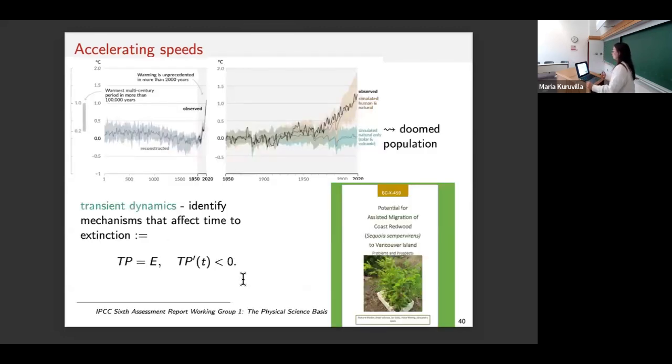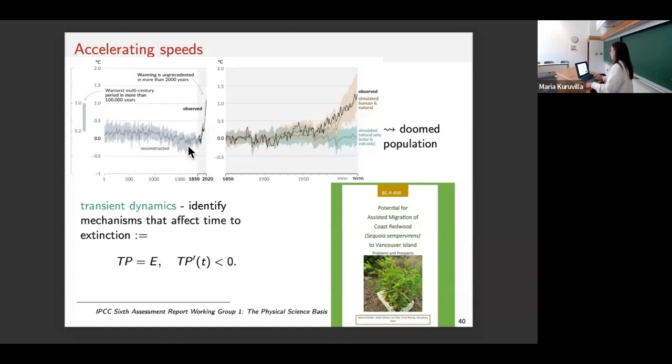So, of course, everything that we do should be motivated by something that we see. We are mathematicians, right? So, over the last decade or so, climate change has been happening faster, right?